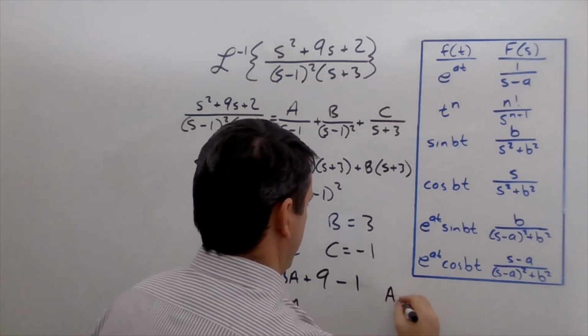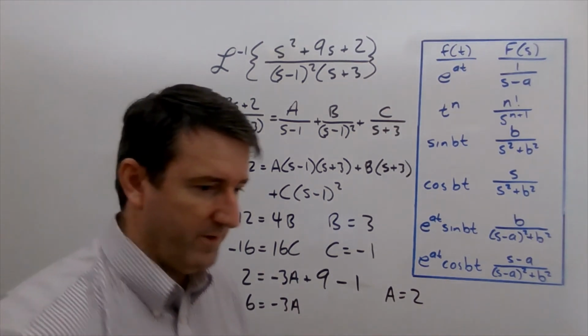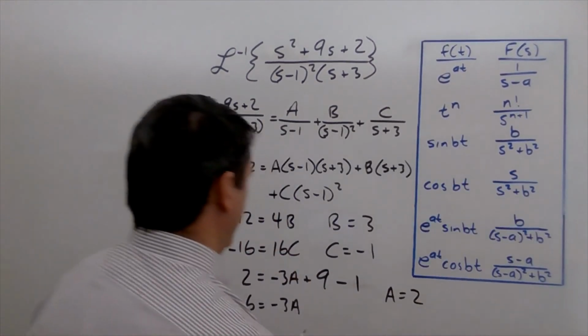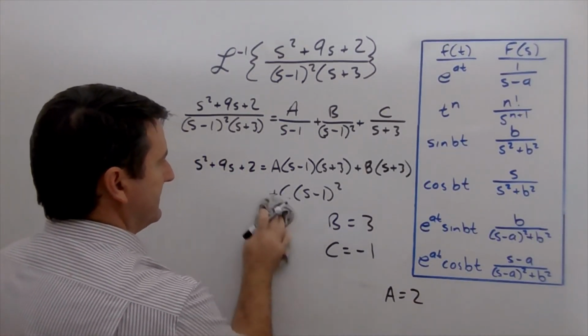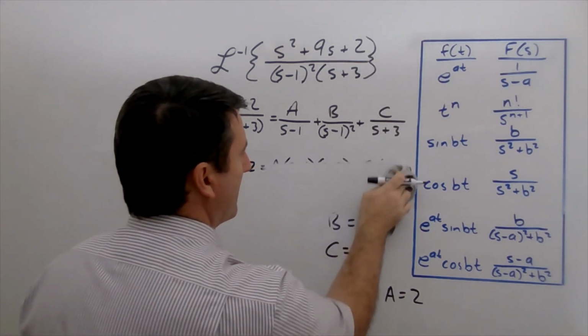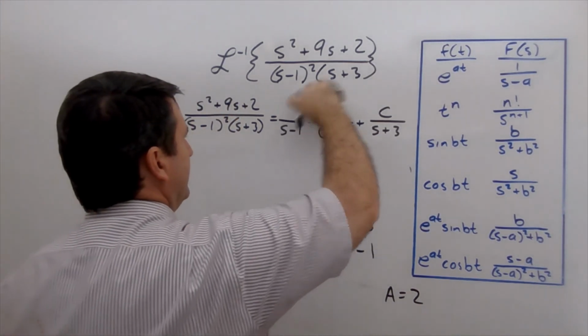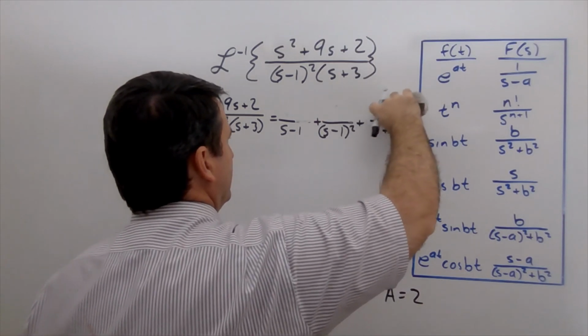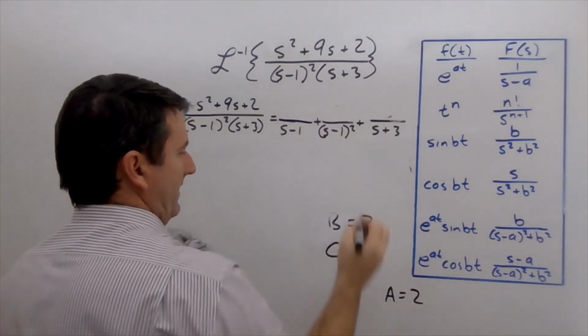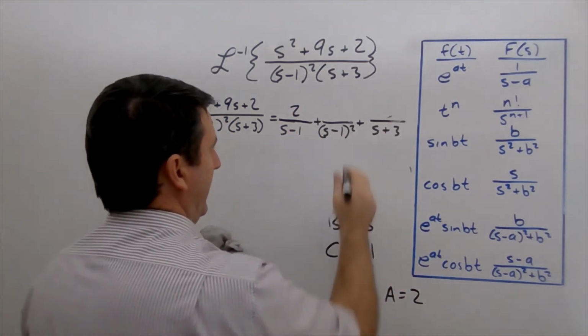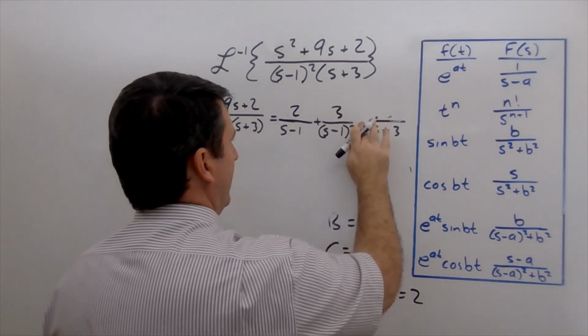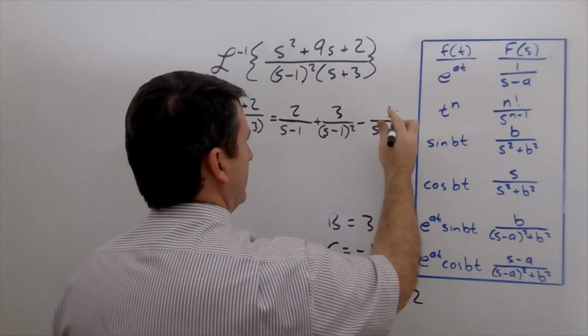So let's put a equals 2 over here. And then we can replace these a, b, and c with 2 and 3 and -1.